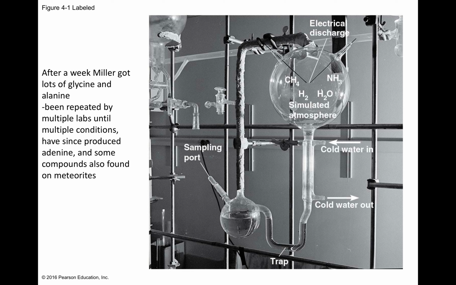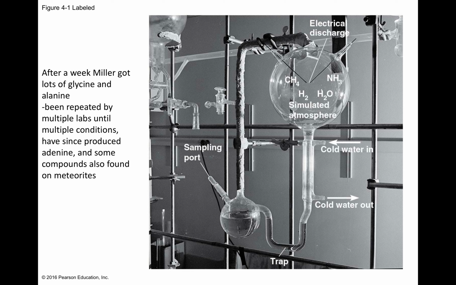And so it seems like a plausible hypothesis that these inorganic forces, heat, electricity, recycling of elements through their different phases, could have resulted in early biological compounds in early Earth before life.